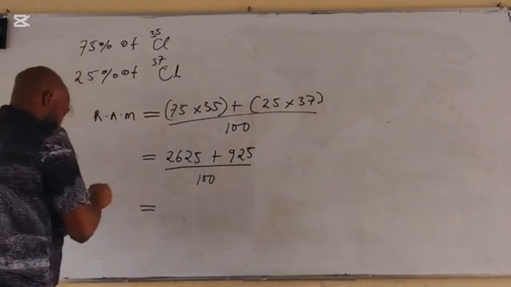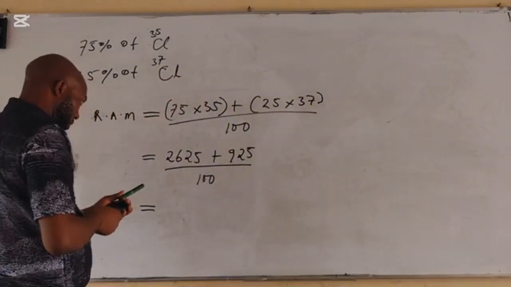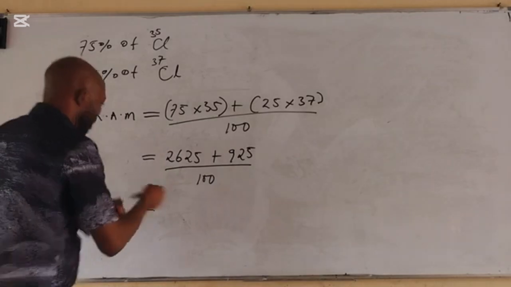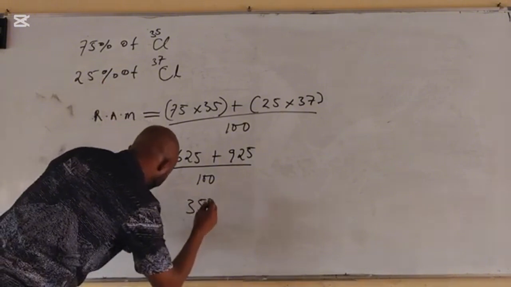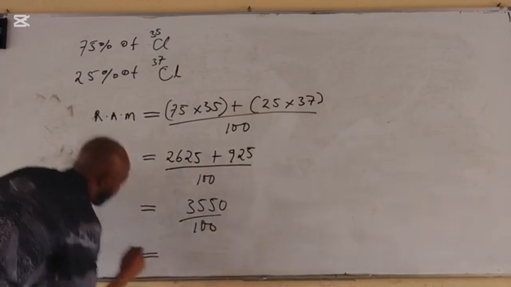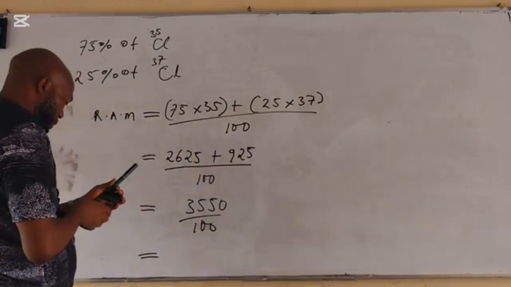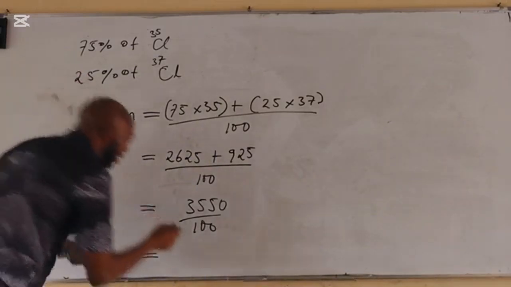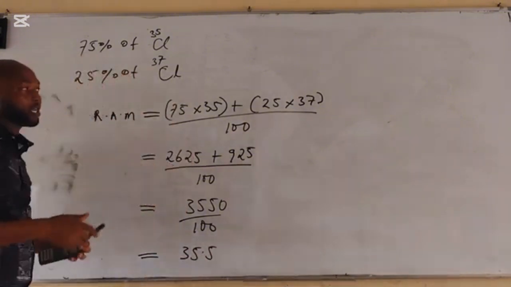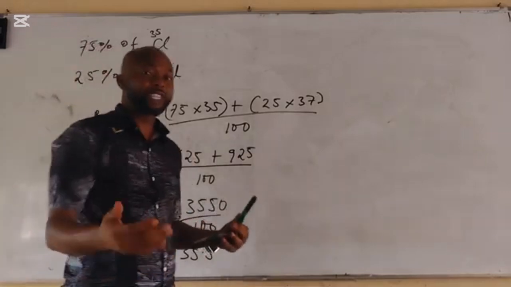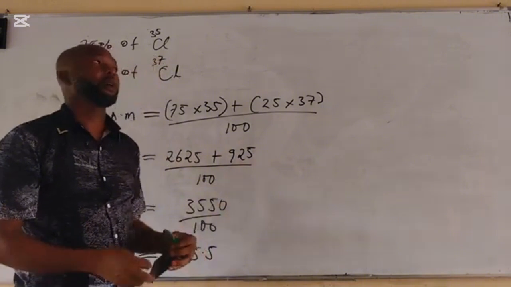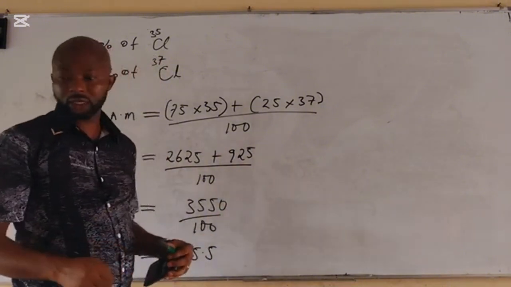And this is equal to 925 plus 2625, which is 3550 over 100. So when we divide by 100, we have 35.5. So the reason why chlorine has its atomic mass as 35.5 is because of its isotopic what? Nature. So we'll take more questions.